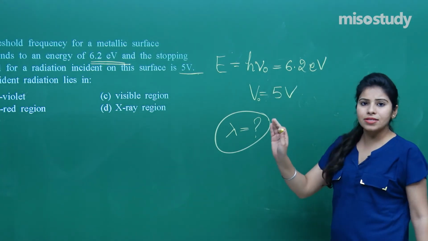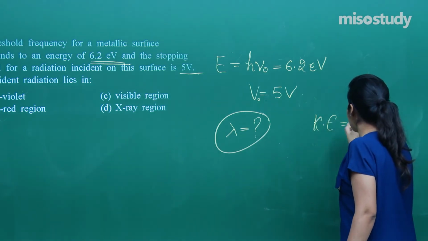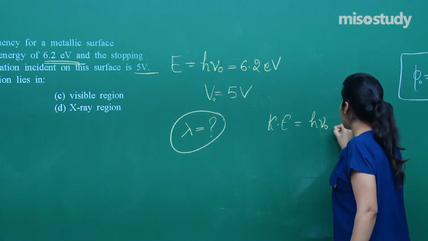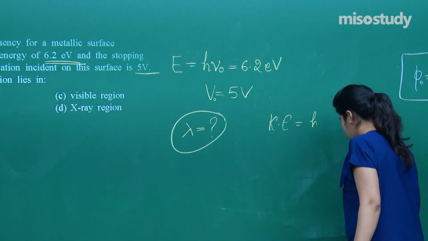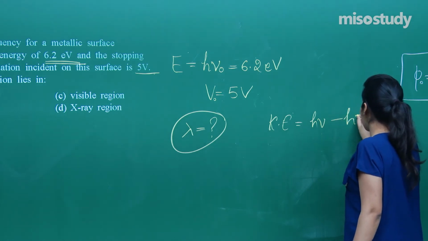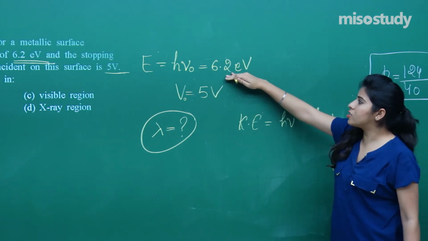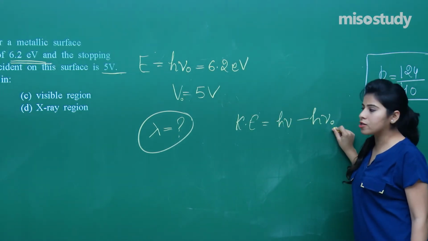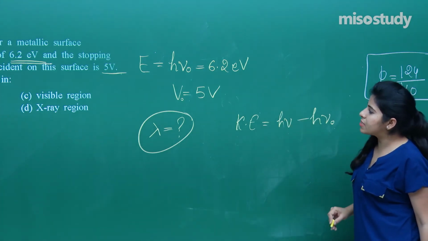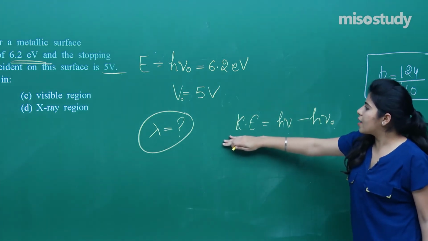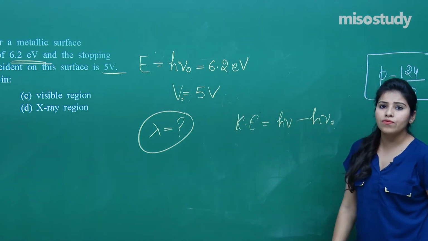And how can we find the wavelength? We know that there is a relation, and the relation is kinetic energy equals h nu minus h nu naught. And it has been given that h nu naught is 6.2 electron volt. Now the thing that is missing here, I can write this as e into V, and V is 5 volt.